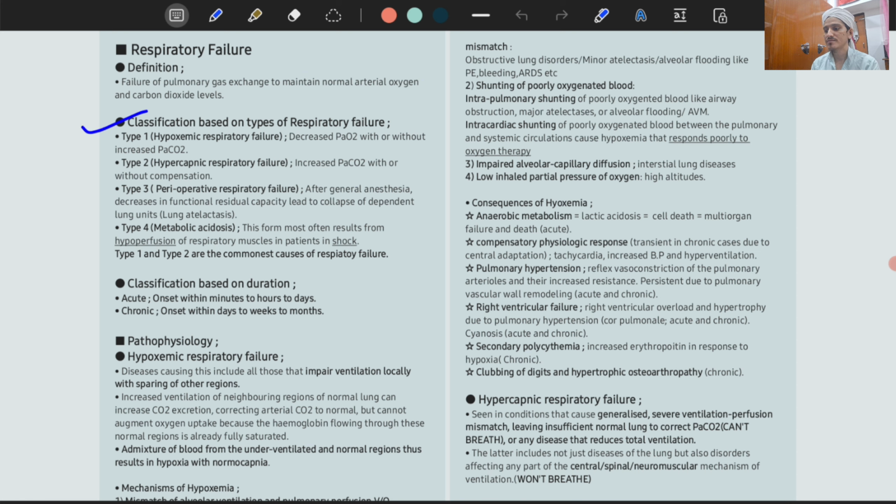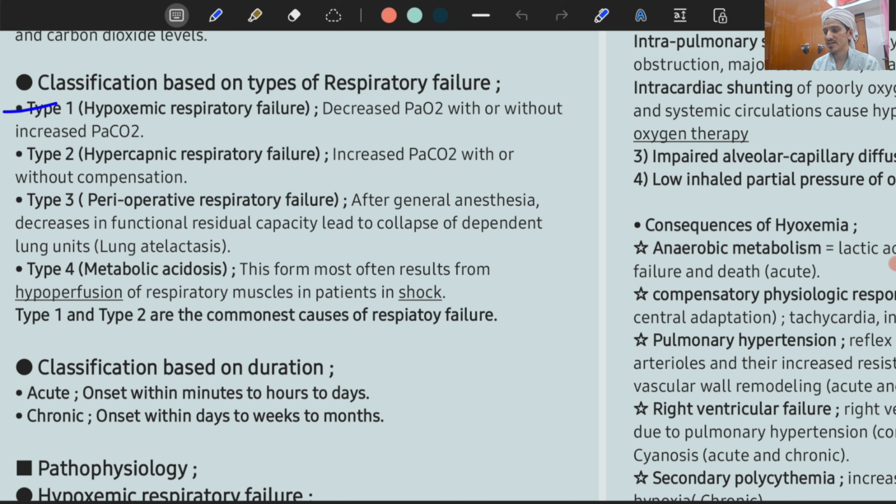Coming to the classification based on the types of respiratory failure, type 1 is hypoxemic respiratory failure. That means there is decreased oxygen without elevation of carbon dioxide, or decreased carbon dioxide also.